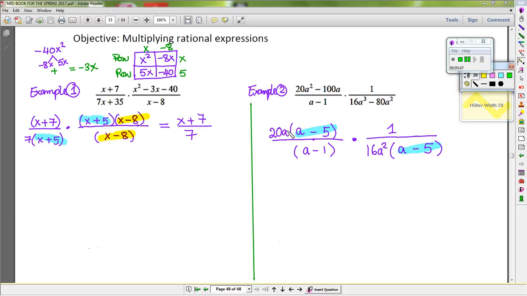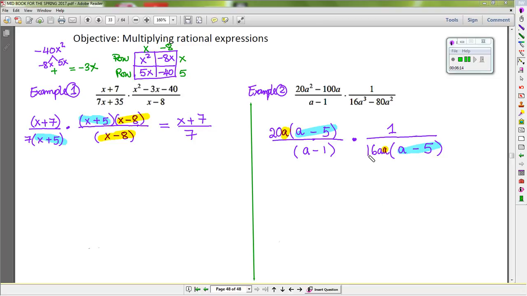Now next, we have 16a squared. I can write it down as a factor of 16 times a times a. So let me rewrite this so that you'll be able to see clearly: 16 times a times a. Therefore, it does have a common factor a, so we'll cross out that a too.